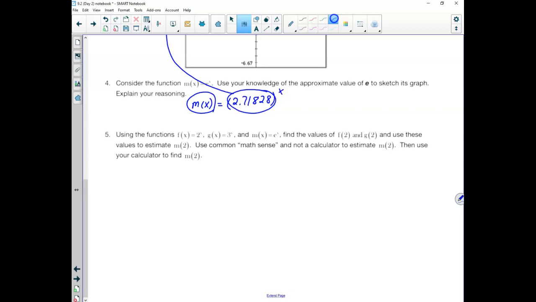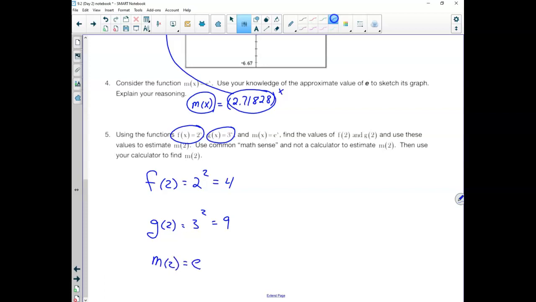Well, bottom line, if I took f of 2, and here's my f of x, that's going to equal 2 squared, that's going to be 4. And if I took g of 2, here's my g function right here, that's going to equal 3 squared, that's 9. Okay, m of 2, well, that's going to be e squared.